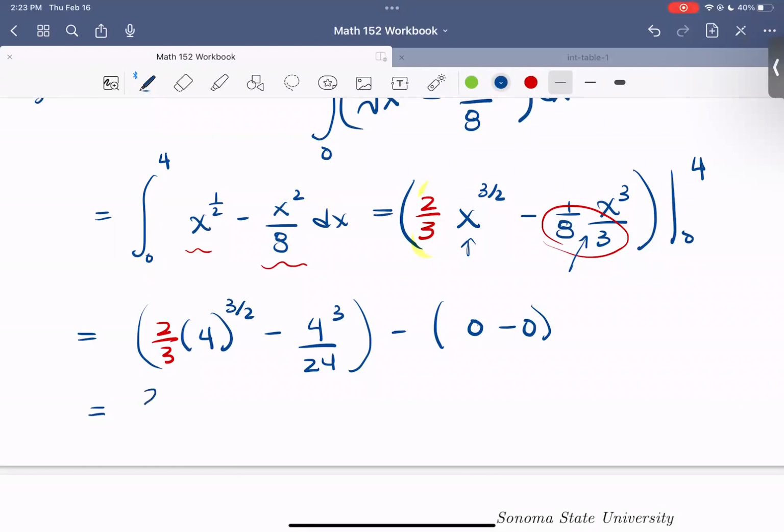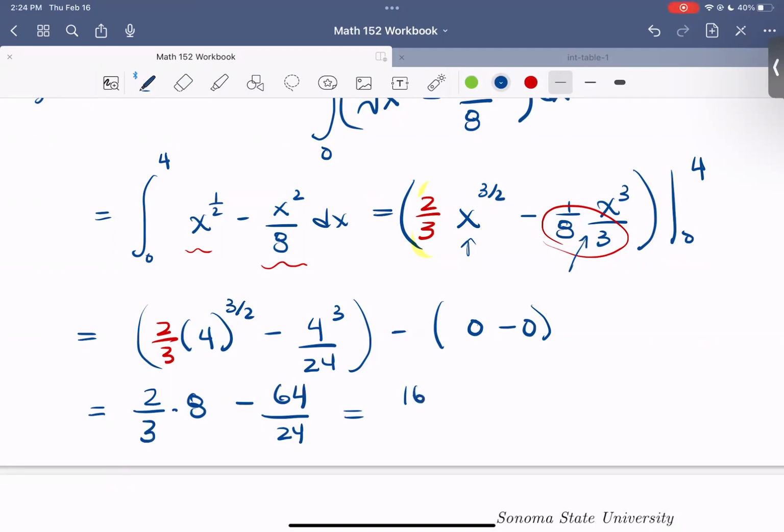So now when we compute, we're going to get 2/3, 4 cubed, and then take a square root. That's going to become 8. You can do that on your calculator or think through it on your own. Then 4 cubed is going to be 64. So we get 64 over 24. Now multiplying these out, and I see I've made another mistake here. It should be 2/3.